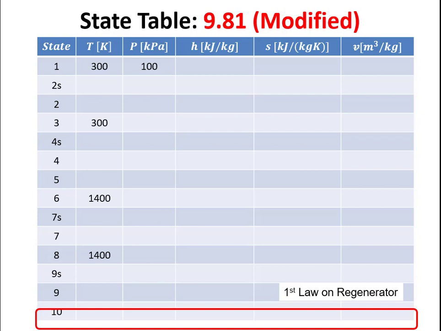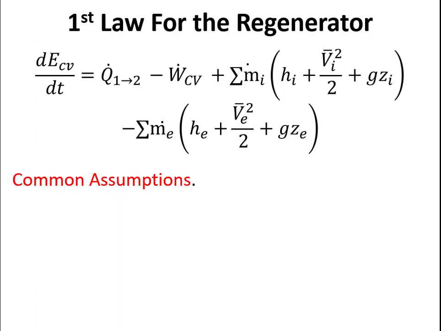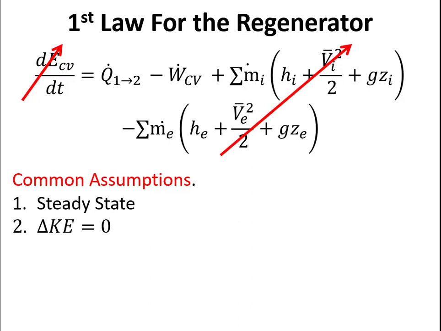So now again, as I'm moving from 9 to 10, I've got more going on in the regenerator. So now what I want to do is the first law analysis on the regenerator. In the regenerator, I know that it's at steady state, that there's no change in kinetic energy, no change in potential energy, or at least the changes here are small compared to the changes in the enthalpies.